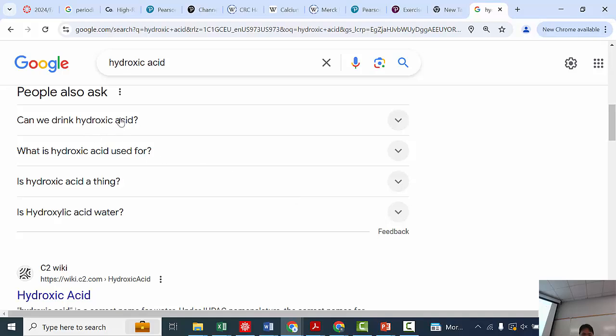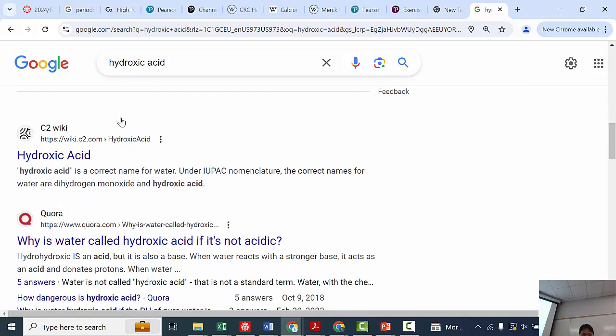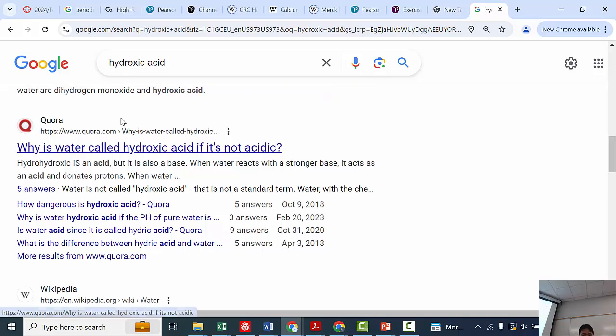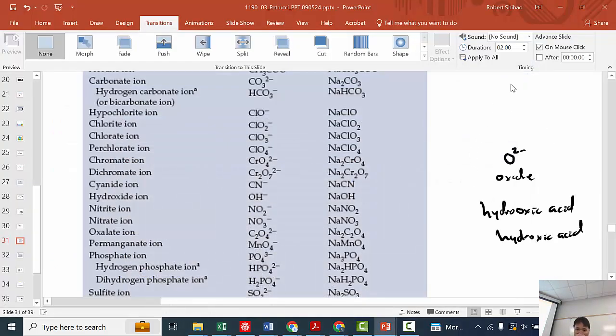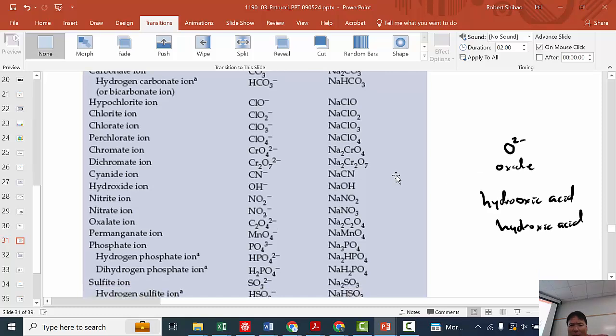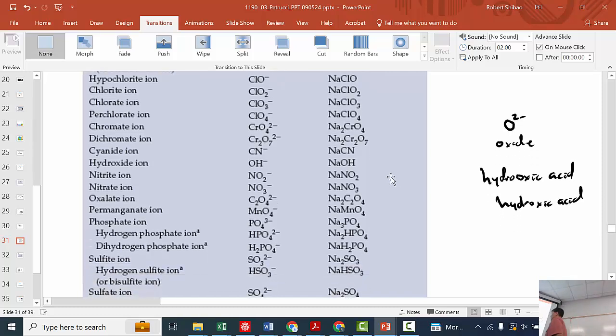Can we drink hydroxylic acid? The other thing is they try to have all the names on things like the CRC. When you look at the CRC or the Merck Index, they try to list all the names that you might find for different things.